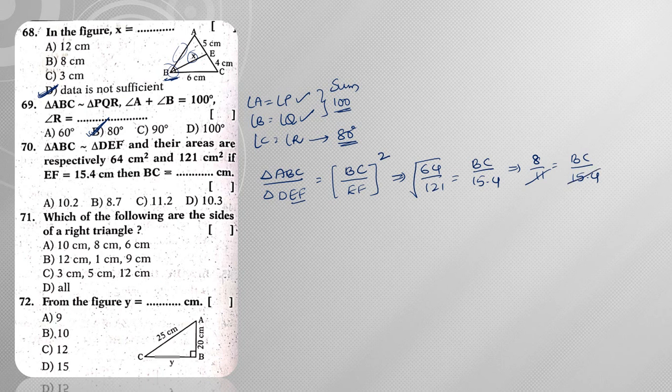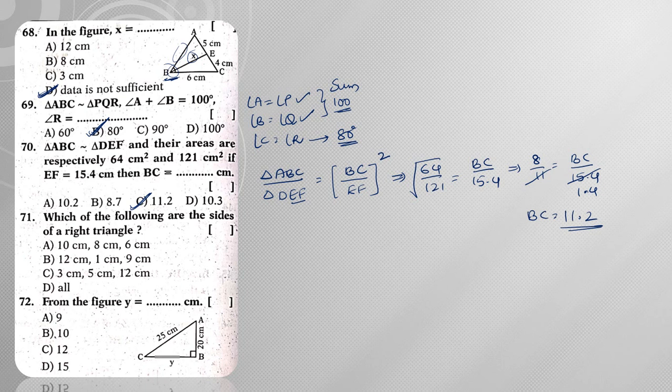Now in the 11 table, 11 ones are 11, and 15.4 divided by 11 gives 1.4. On cross multiplication, 8 ones are 8, 8 fours are 32, which with the decimal point is 3.2. So 8 plus 3.2 is 11.2. Hence the answer is 11.2 centimeters.